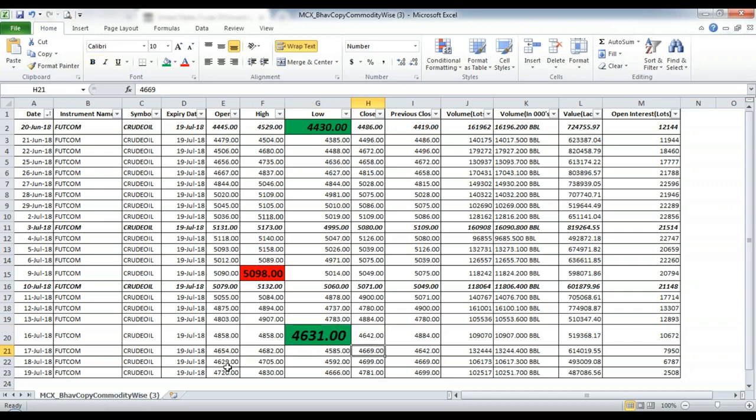Now the next day, it is again opening below 46.29. On this particular day, did it break out of the support like this?